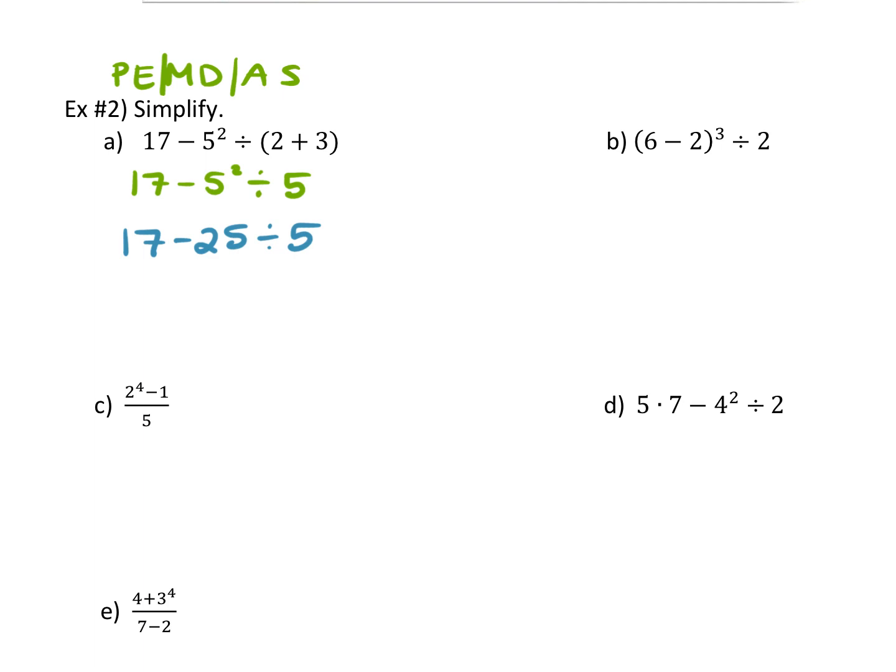A lot of you subtracted and then divided, okay? We have to multiply and divide first. So 17 minus what? 25 divided by 5 is 5, okay? So then our last step is to do that subtraction and you get 12, okay?